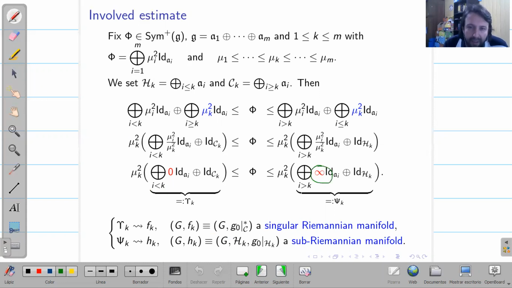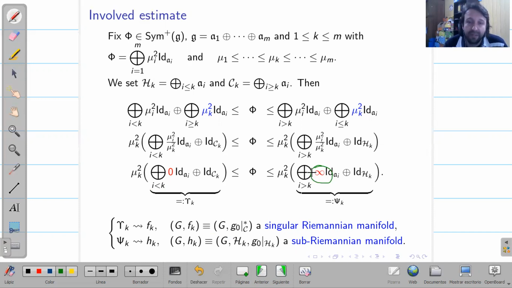You have an infinite symbol here, which means that if you evaluate a vector in G with a non-trivial factor here, the bilinear form has norm infinity.